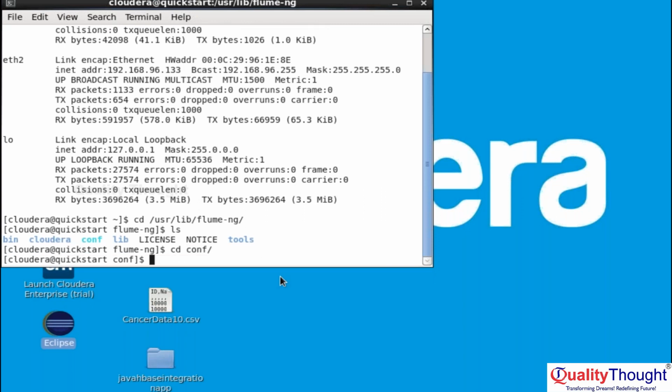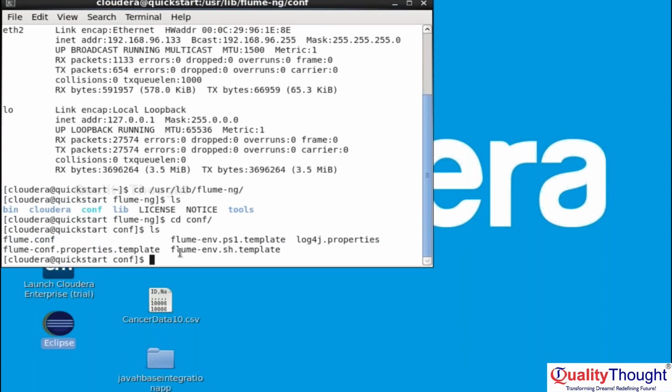Here you will see one default configuration file, flume-conf.properties.template. Let's open this template file.